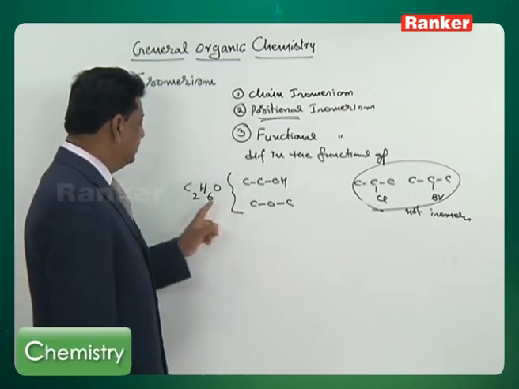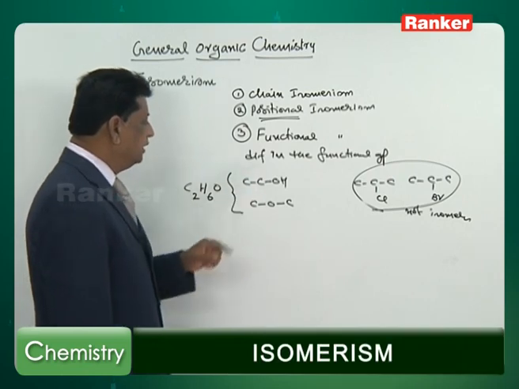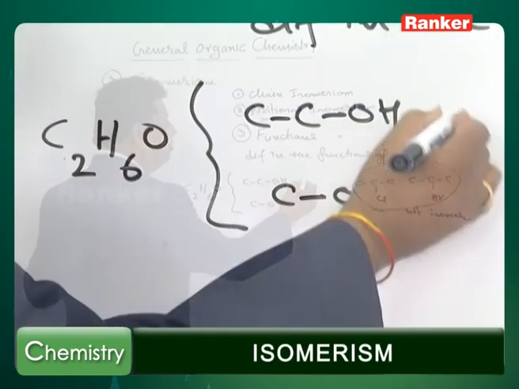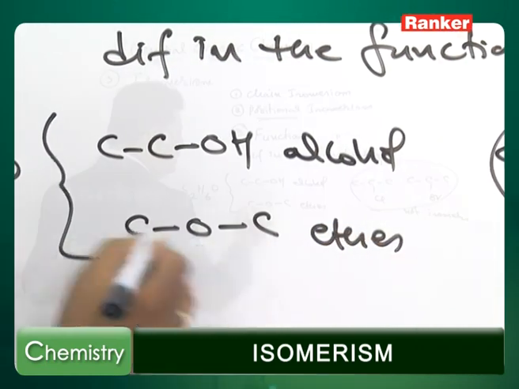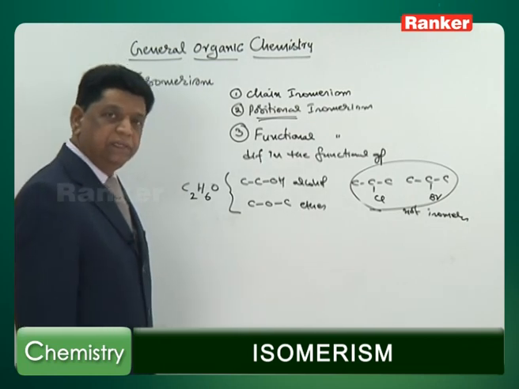Both have 6 hydrogens, 2 carbons and 1 oxygen, but one has the alcohol functional group, the other the ether. Whenever oxygen is bound by carbon on both sides, it is ether.